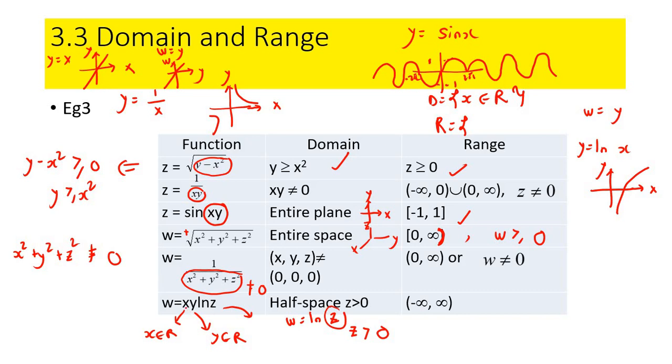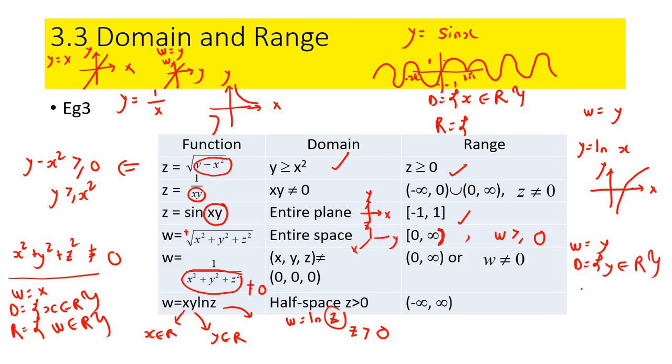This means that when you have a function of several variables, you can break it up like here. When you break it, w equal to x: the domain is x taking real numbers, and the range is w taking real numbers. For w equal to y, the domain is y a real number, and the range is also w a real number.